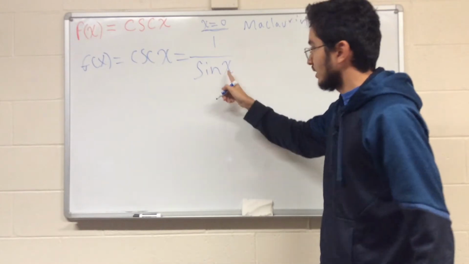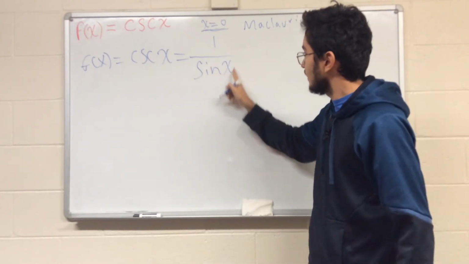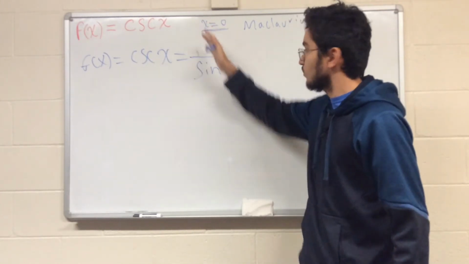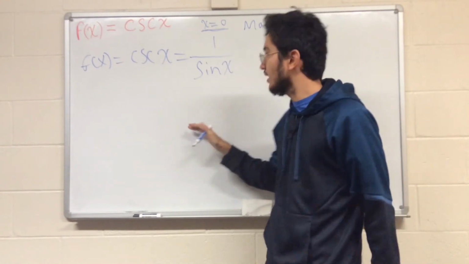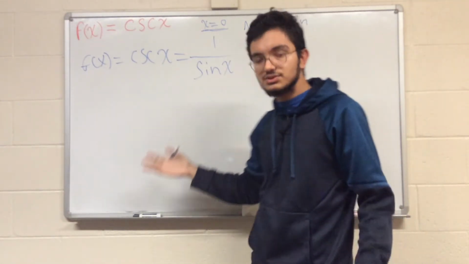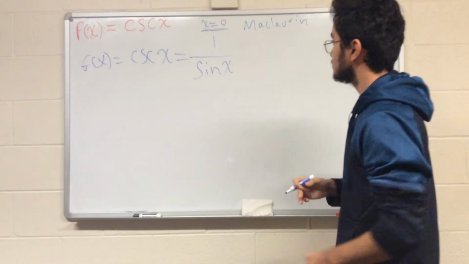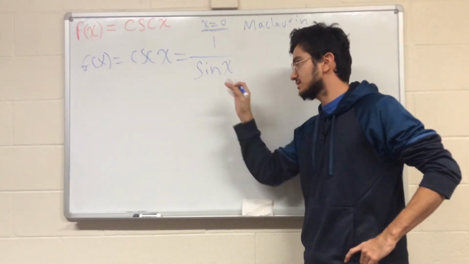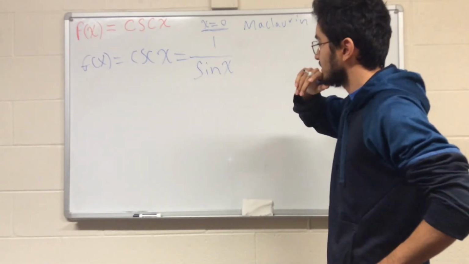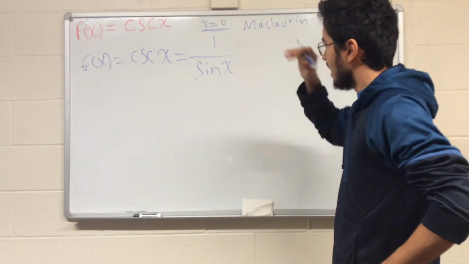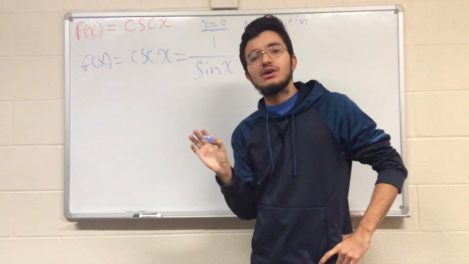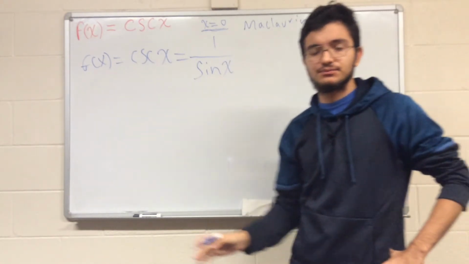And here is the issue. When sine of x evaluated at 0 is 0, then we have 1 over 0, which is undefined or just infinity. It will approach infinity as x goes to 0. So I was trying to think about a very well-known series derived from the Taylor series.